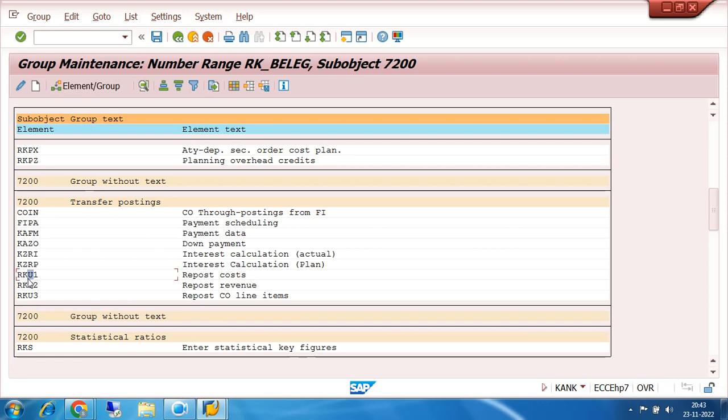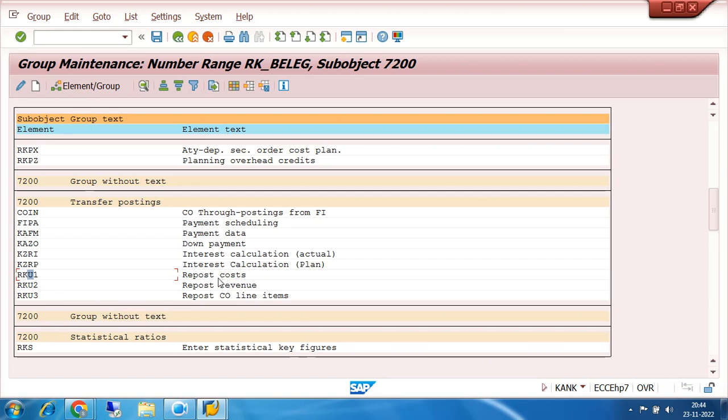So there is a transaction called RKU1, that is repost costs. Suppose your expenses or costs pile up in a particular cost center, but you want to allocate or apportion the cost from one cost center to another cost center. We can call it repost of cost.